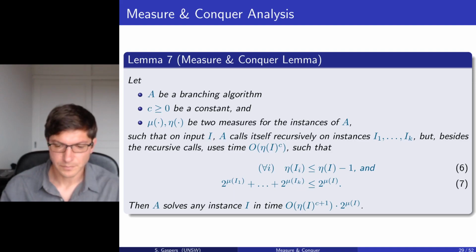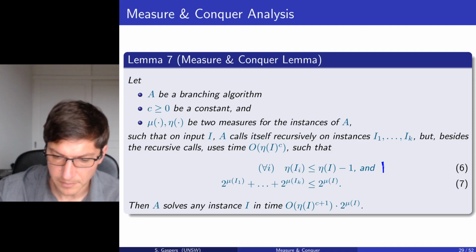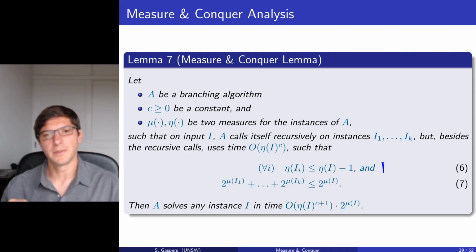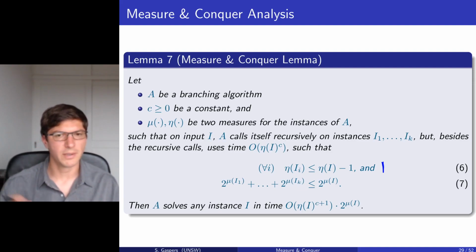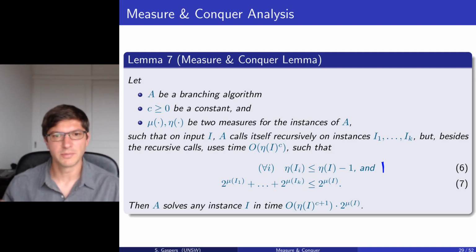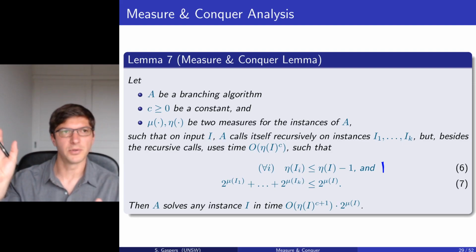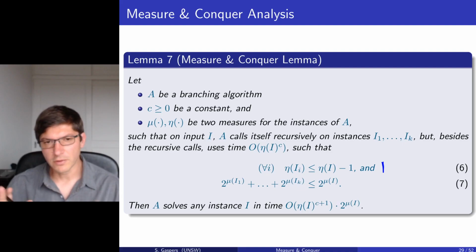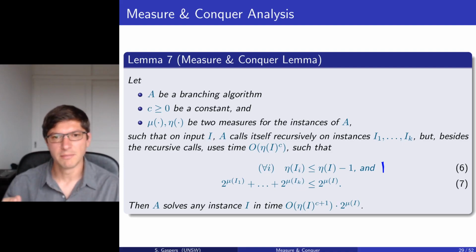So eta will help us to upper bound the height of the search tree. And usually we are very relaxed and loose about the height of the search tree. As long as it's polynomial, we are happy. So eta will not usually make us any trouble.